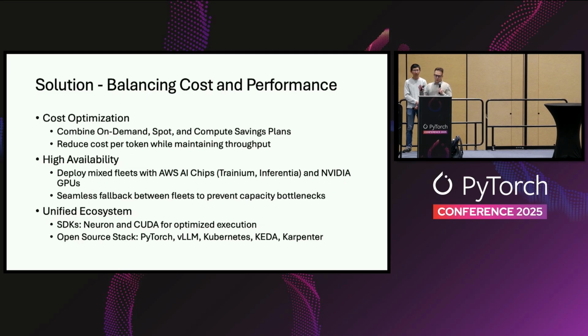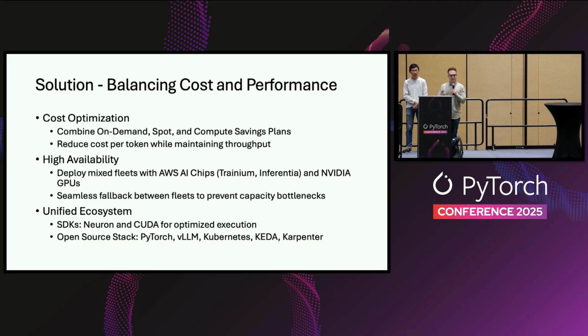To solve the cost-performance-availability balance, we will combine flexible pricing models, not the PyTorch models but actual cost models, with heterogeneous compute pools. Now, on the cost side, Amazon, as well as other cloud providers, offers roughly three main offerings.